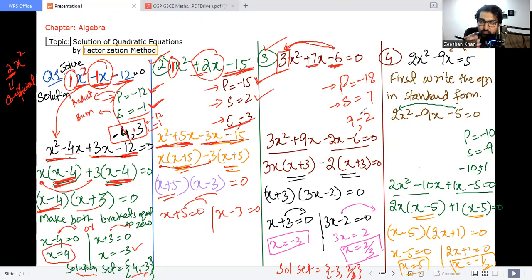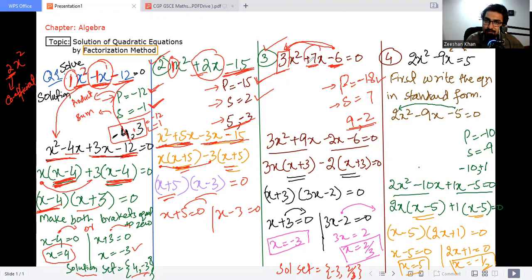When we multiply them, we get negative 18, and when we add them, we get plus 7. So 9 and minus 2, these are the two numbers. When you multiply them, 9 times minus 2 is negative 18. And when you add them, 9 minus 2 is 7. Now we will again substitute these values in the equation.